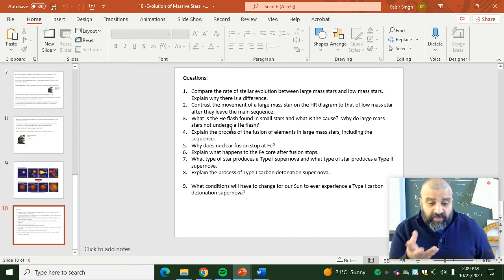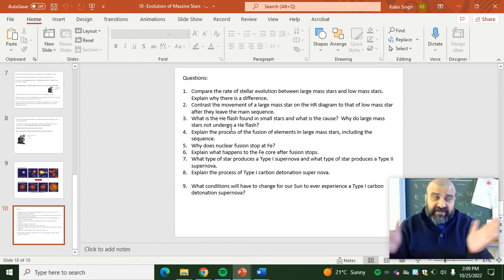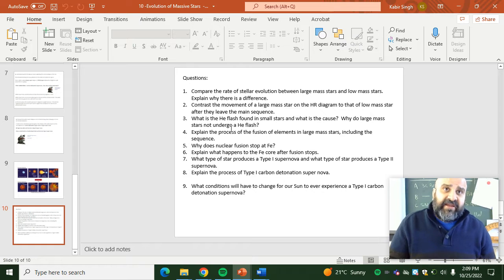Normally when a core gets hot, it would expand. That heat is balanced out by the expansion, and the expansion allows the star to cool. So you have a balance between temperature and expansion. As the star gets hot, it expands, but that expansion releases some of that heat.